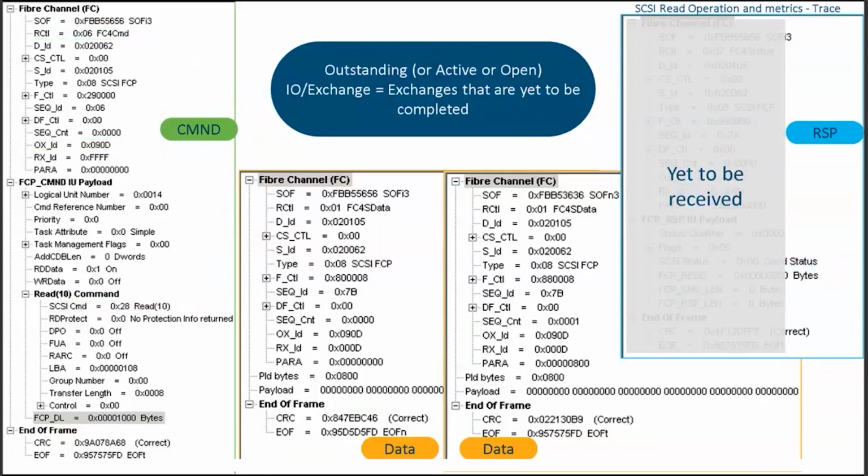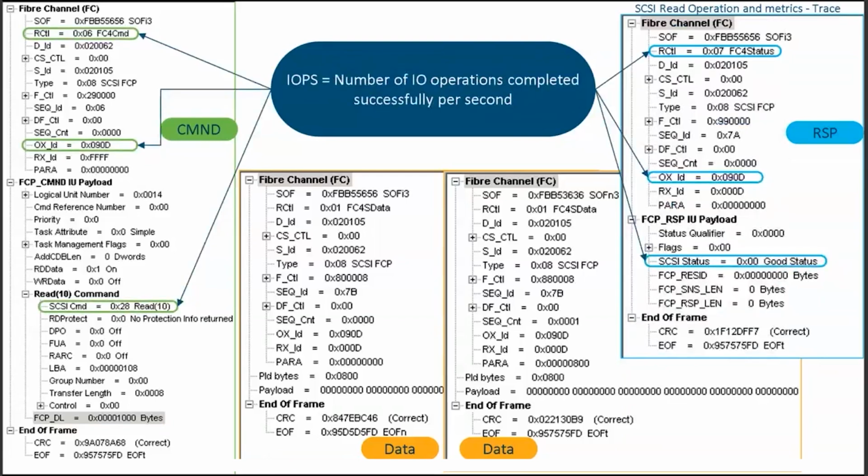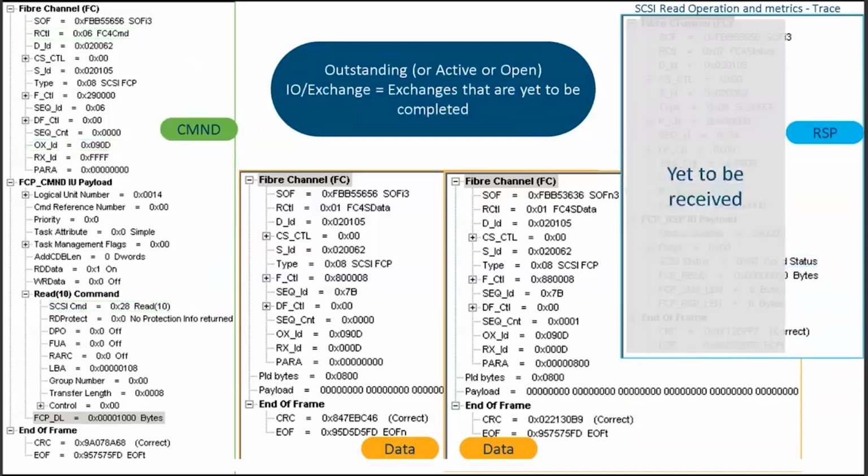Okay, what is outstanding IO? Question: is that where we can determine the outstanding number of IOs and perhaps recommend queue depths? That's exactly the next thing. Essentially, outstanding IO is the number of transactions that are yet to be completed.